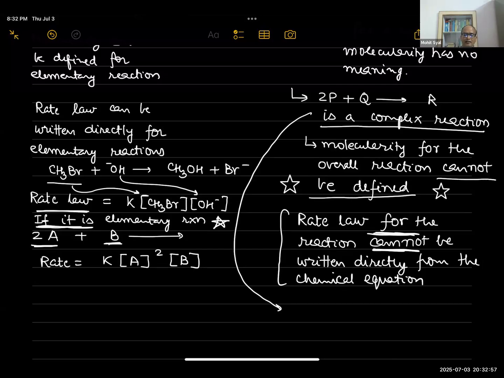So can I write it like this? Is it correct or incorrect?